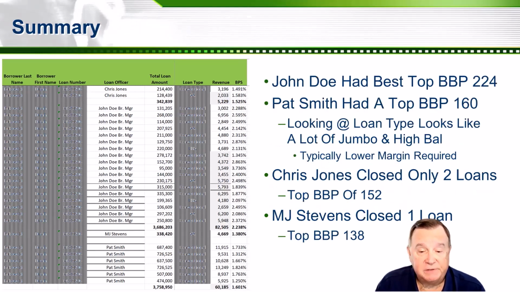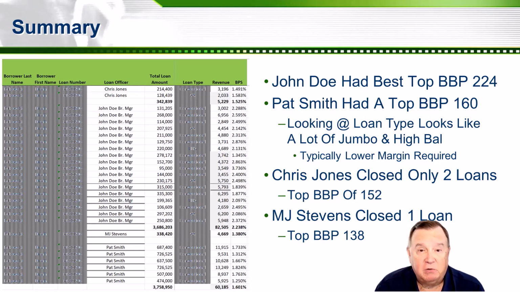So let's summarize. The branch manager, John Doe, had the best top business blood pressure at 224. Next was Pat Smith, who had a top business blood pressure number of 160. But let's look a little further as to the type of loans. If the loan type wasn't grayed out, I'm pretty sure we would see a large portion of Pat's loans were jumbo, which in most cases would have had a smaller required margin.